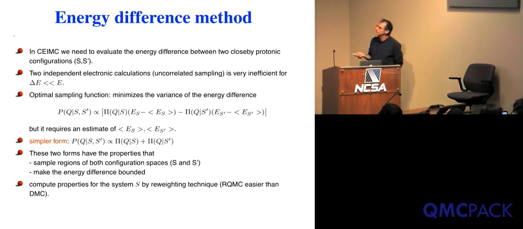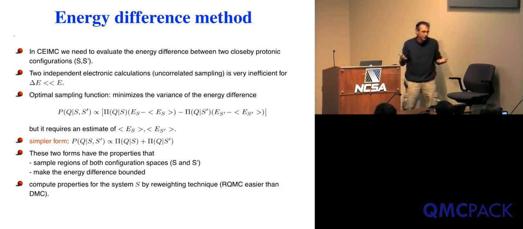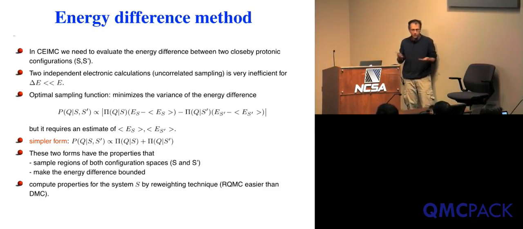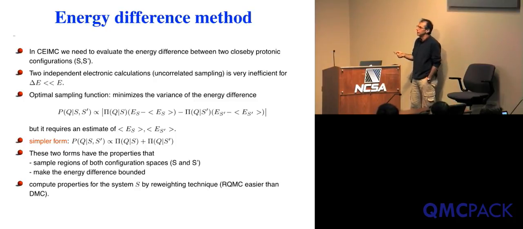In any event, if the two configurations are too different, the energy difference will be very large, and you have a high probability of rejection, as in all Monte Carlo methods, right? So usually you work in the case in which the difference of the energy is much less than the energy itself.